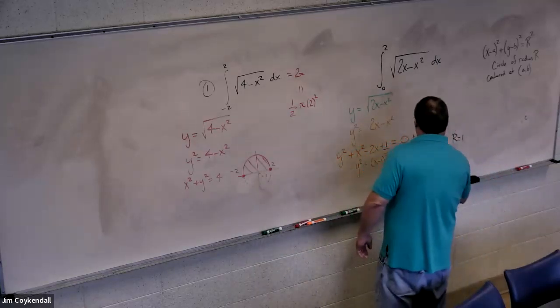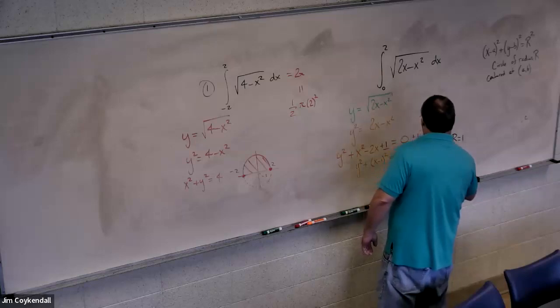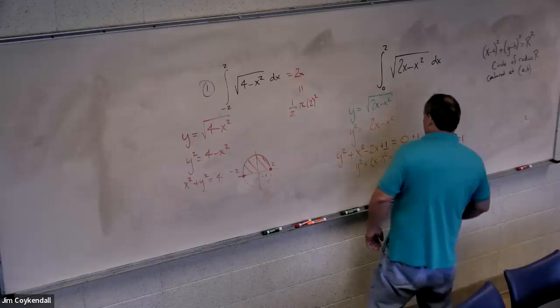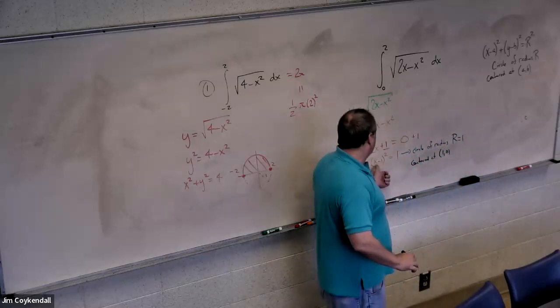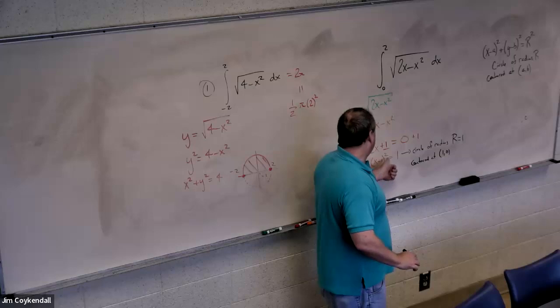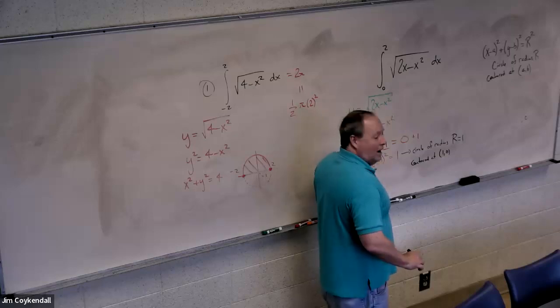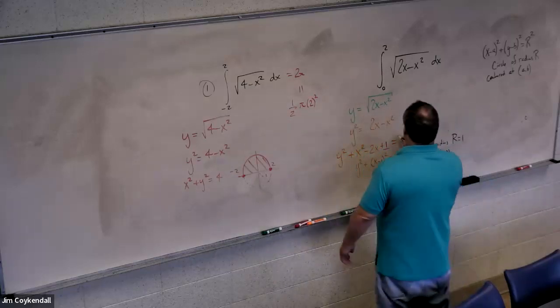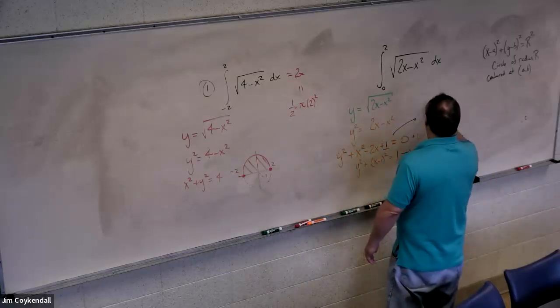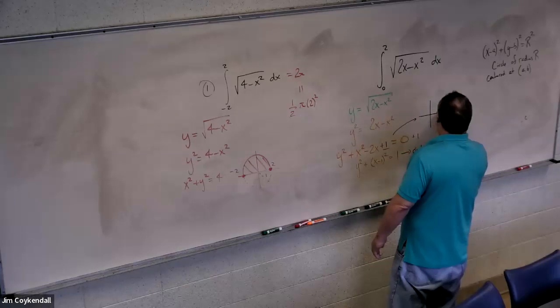And it should be centered at 1, 0. So what value for x makes x minus 1 equal 0, and y is 0? So this circle here looks like this. 1.